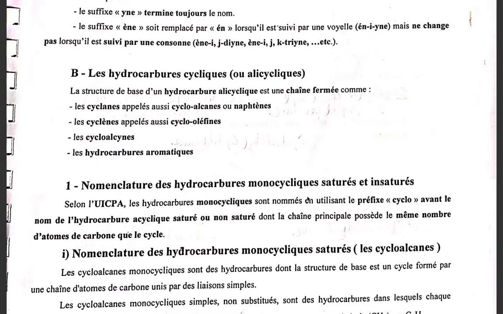So today we are going to look at the cyclic hydrocarbons. Like we said in the introduction, organic chemistry is divided into two parts: the aliphatic part and the aromatic part.